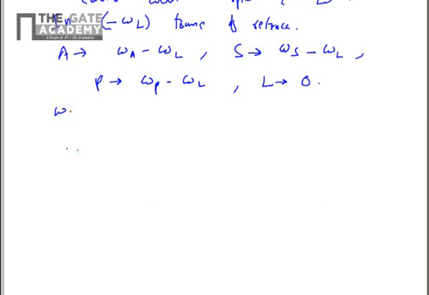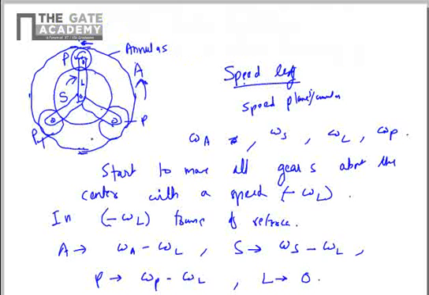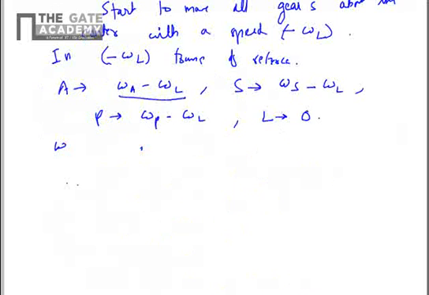In that case, omega of Sun by omega of planet will be Tp by Ts, and similarly for the others you can also determine. But consider in this case, the angular speed of the annulus is not omega A but omega A minus omega L. So we know the train value, or gear ratio, is equal to speed of driver divided by speed of driven.